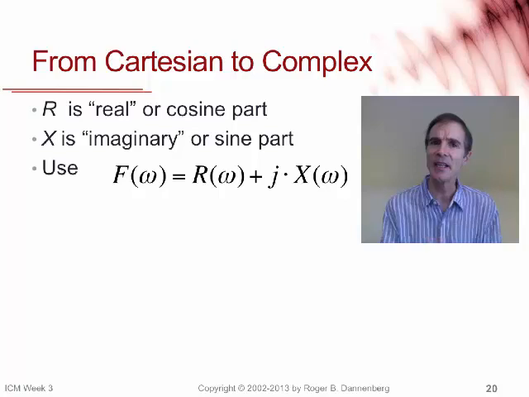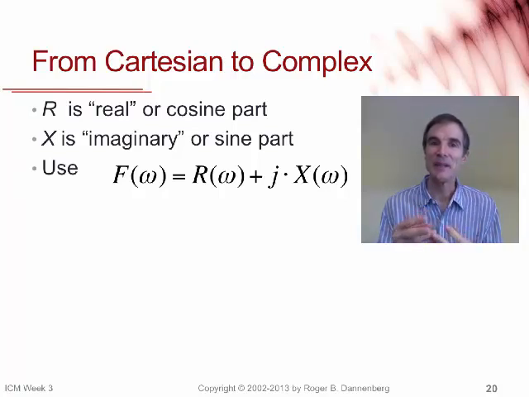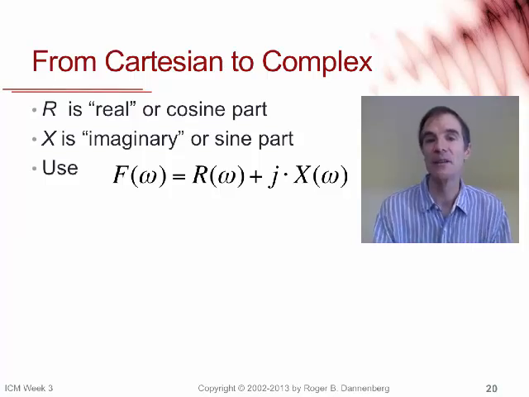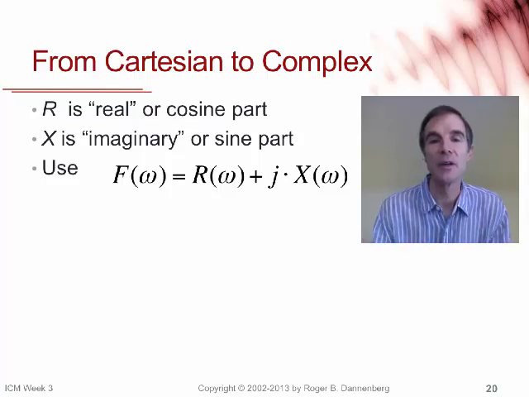And imaginary, just to be clear, is the square root of -1, I. Or here it's written as j, and that gives us a different coordinate.